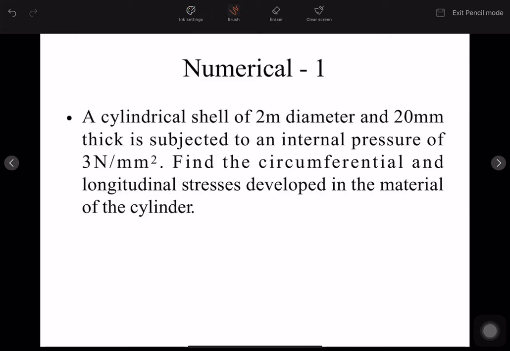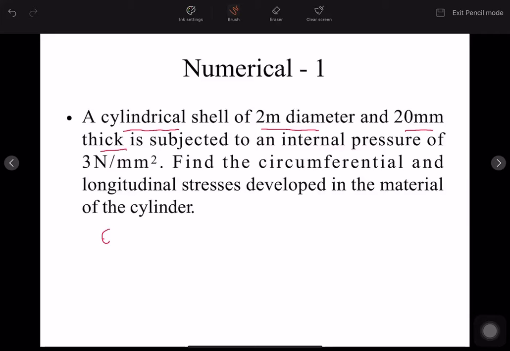So if we go into the numericals, which are based upon the hoop stress and longitudinal stresses, we'll solve some simple basic numericals which include the hoop stress formula and longitudinal stress formula. A cylindrical shell of 2 meter diameter and 20 mm thick.